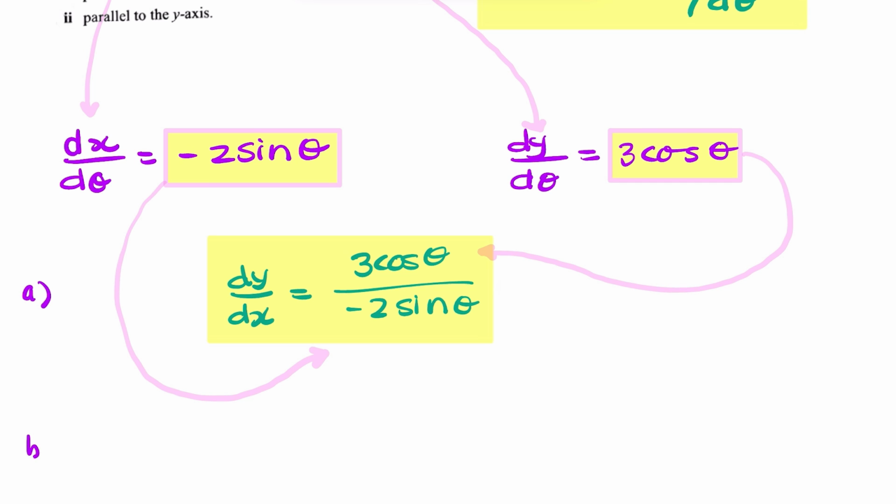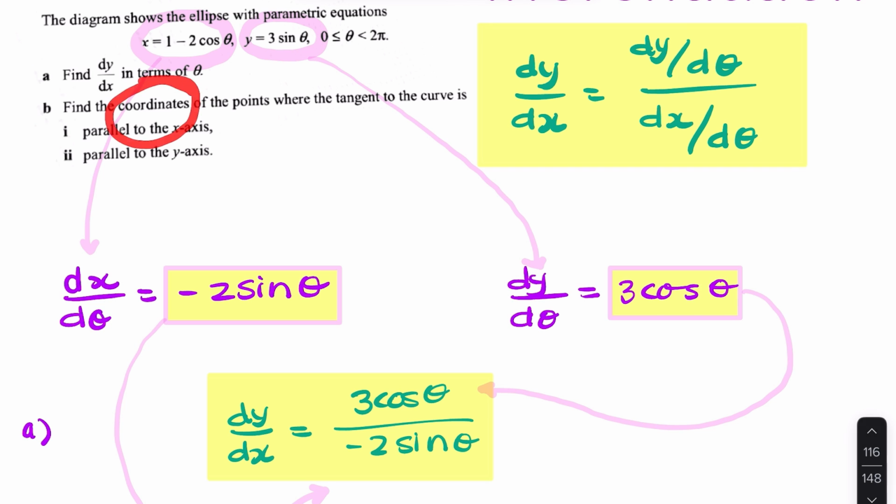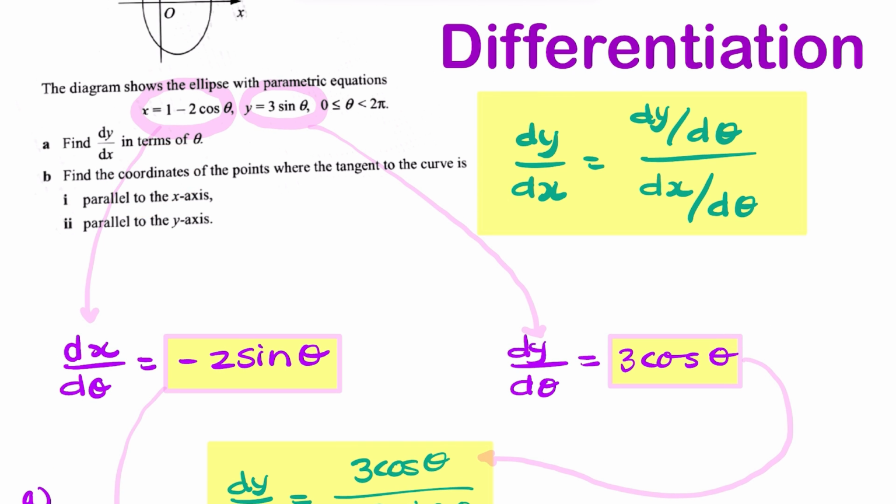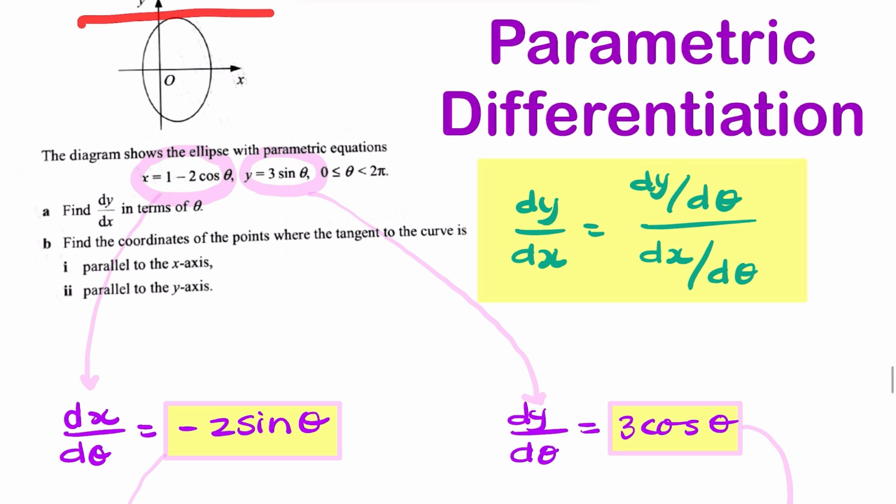Now, part B says find the coordinates of the points on the curve where the tangent is either parallel to the x-axis, that means horizontal, or parallel to the y-axis, that means vertical. So we need to figure out what that means in terms of dy by dx.